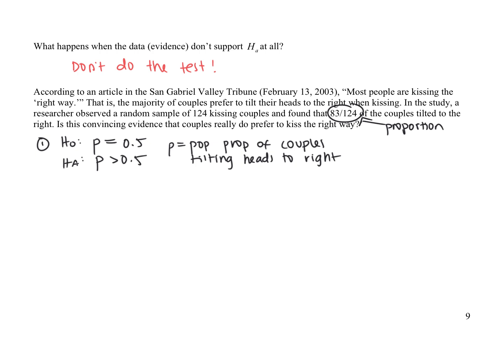And again, we don't know P. We have P hat. We have one sample, but we haven't looked at every single coupling. So then you're going to ask yourself, is there even evidence for HA?